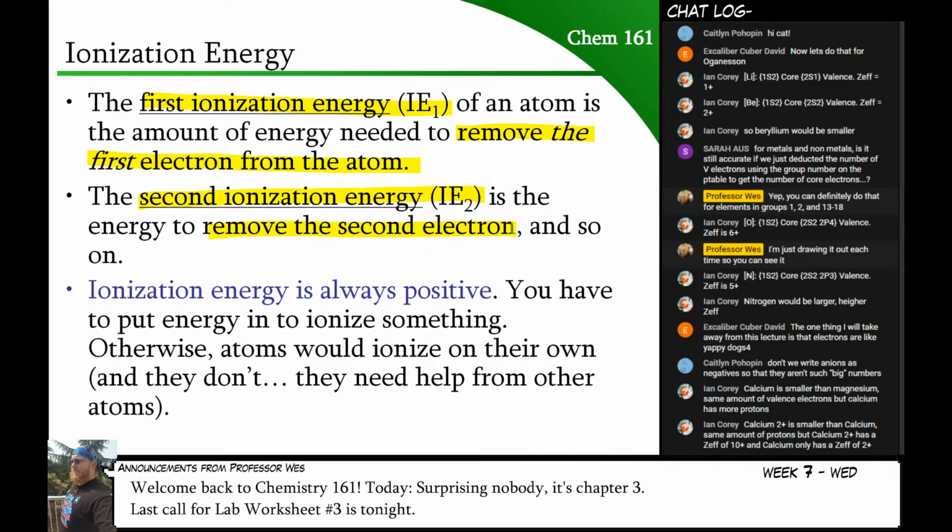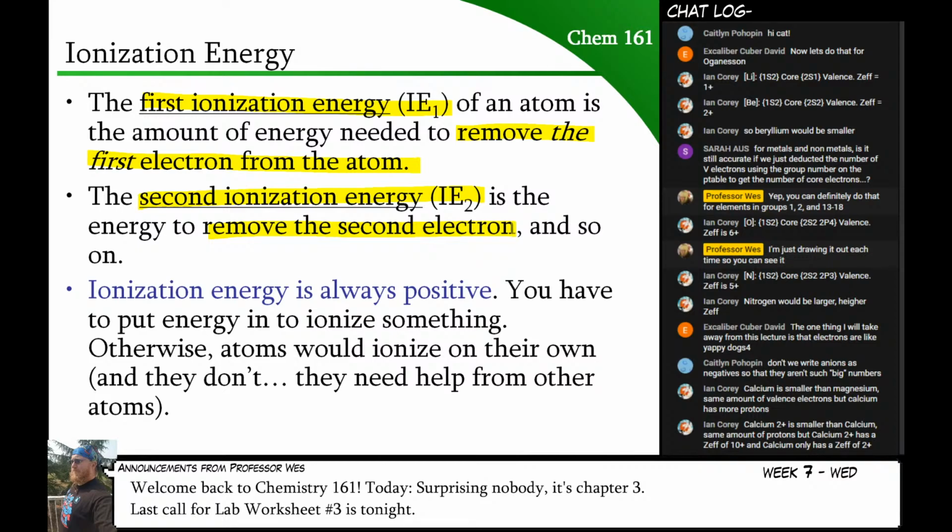Now, every time you pull an electron away, it gets harder and harder to pull the remaining ones because the Z effective that those electrons feel on the valence layer is now being concentrated on fewer electrons. Just like our puppy analogy, if you're watching 6 puppies and they're all going all over the place and then the owner comes to pick up 4 of them, now you only have to watch 2, so you can watch those 2 with more attention. They're not getting away.